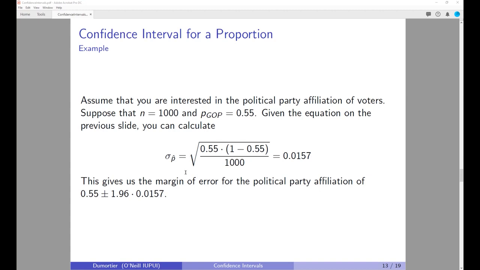So given the equation on the previous slide, you can now calculate sigma p hat by taking 0.55 times 0.45 divided by 1,000 and taking the square root, and this gives you 0.0157. Hence, the margin of error is 0.55 plus or minus 1.96 times 0.0157. Note that if you calculate this term, it is close to 3%.